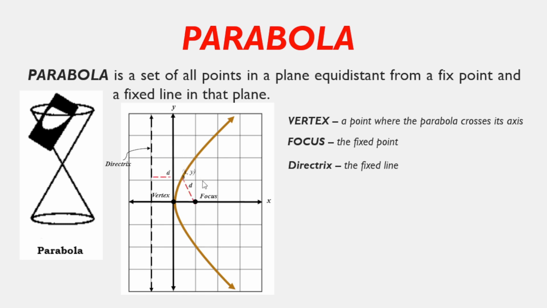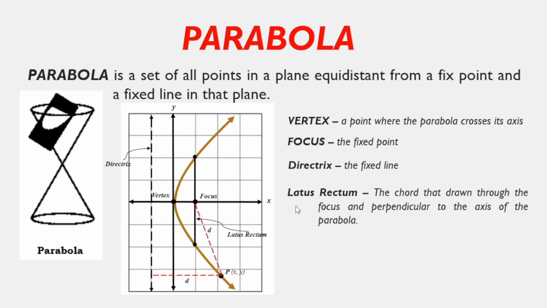And if we have another point on the parabola, as you can see, their distances are equal also. Another one, if this is our point P on the parabola, and we draw a line from P to the focus and a perpendicular line from P to the directrix, then their distances are equal. And we have now the latus rectum.